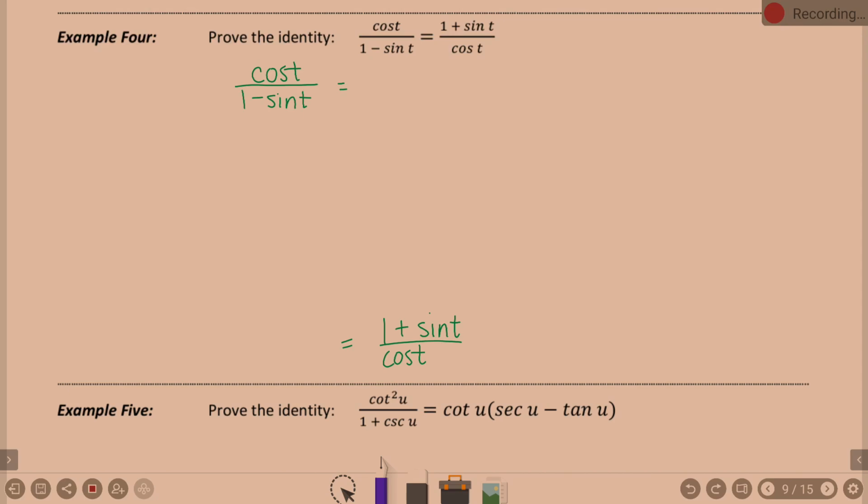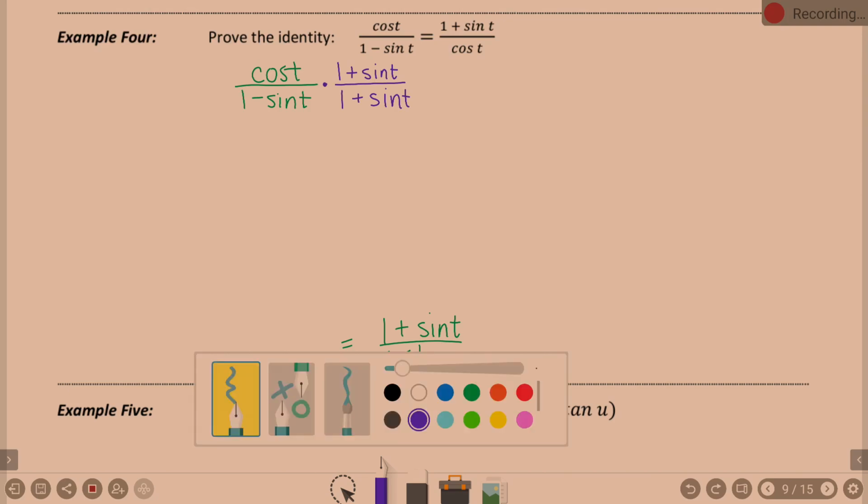What do I mean when I say conjugate? Conjugate: 1 plus sine t. So we're going to multiply this denominator by 1 plus sine t, and you know enough to know that if I multiply the denominator by 1 plus sine t, we multiply the numerator by 1 plus sine t and see what happens.